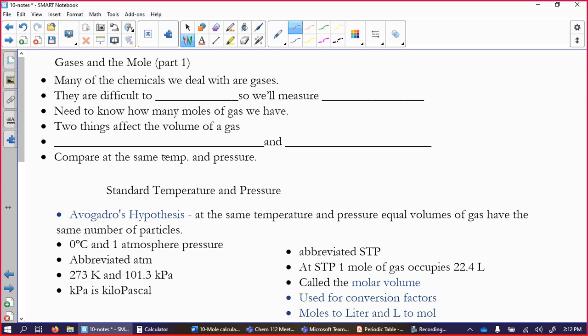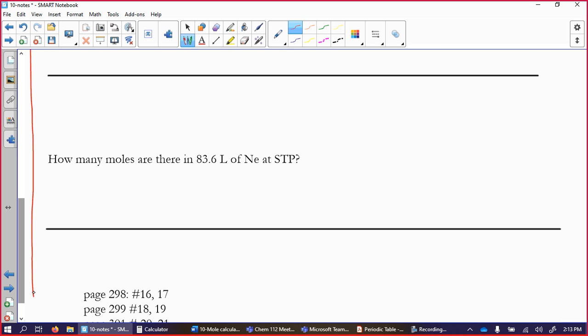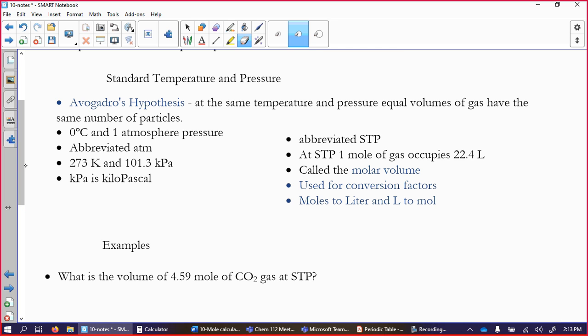I'm going to do gases in the mole quick because this is actually fairly straightforward. And this is why it's called Avogadro's number, because Avogadro was the guy back in whenever it was, the 16, 17, 1800s, I can't remember, that if you have a flask, ball, balloon of gas, and you have two of them, one is helium and one is argon.